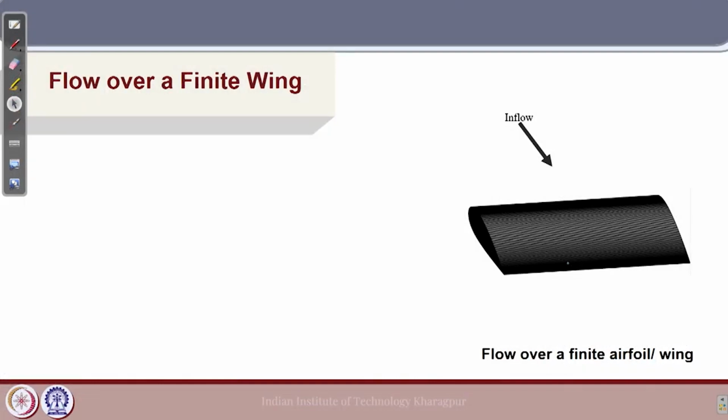Let us see how we represent the flow over a finite wing. Finite means it has a finite span length along the direction perpendicular to the inflow.